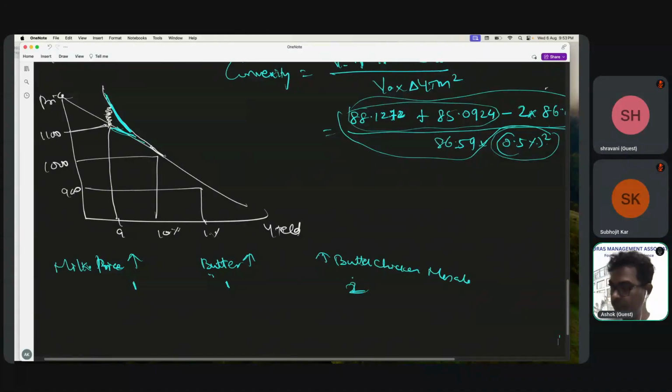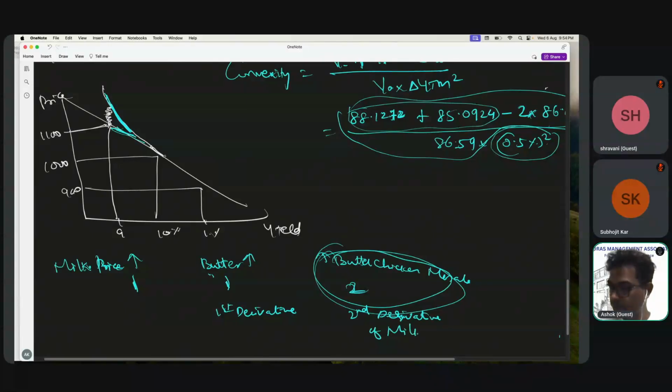This is the second derivative, because milk is going up, butter is going up, and now they have to increase the price by 2 rupees. So butter is the first derivative of milk's price, and butter chicken masala is the second derivative of milk's price. Have you understood this one?